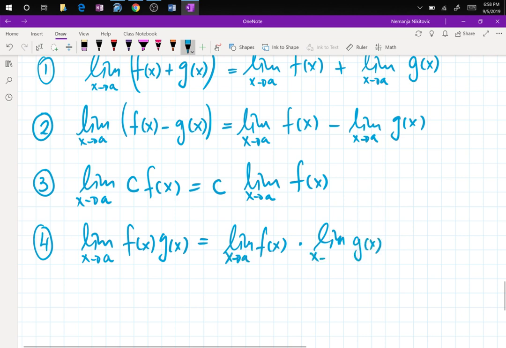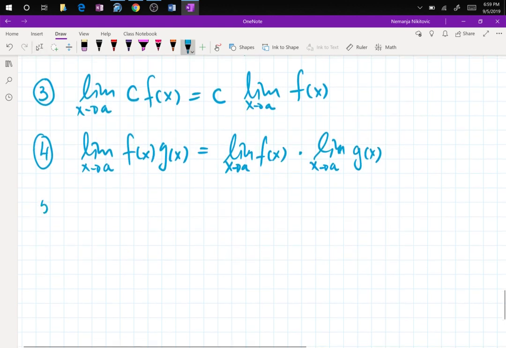Now you probably go, yeah, what's so special about it? I just solved both of them separately and multiplied the answers. Yes, nothing special about it, but it only works for limits. Derivatives and integrals will have special formulas for this. So these rules are only exclusive to limits.